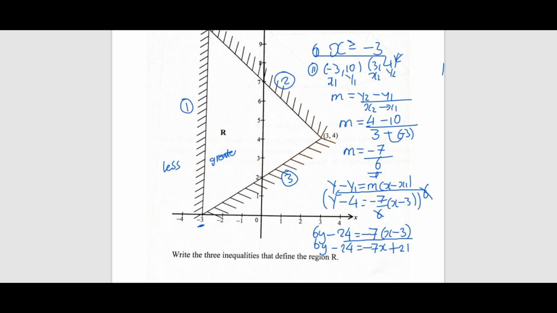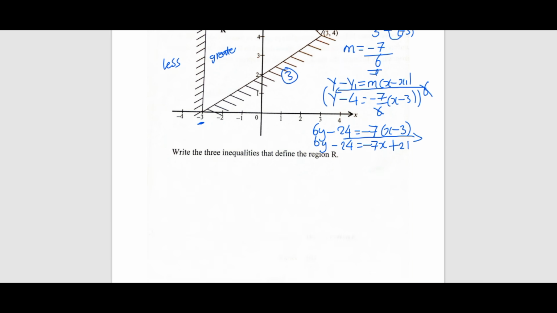So we shift this number here. So this is 6y is equal to minus 7x plus 21 plus 24. 6y is equal to negative 7x, 21 plus 24 will give us 45.